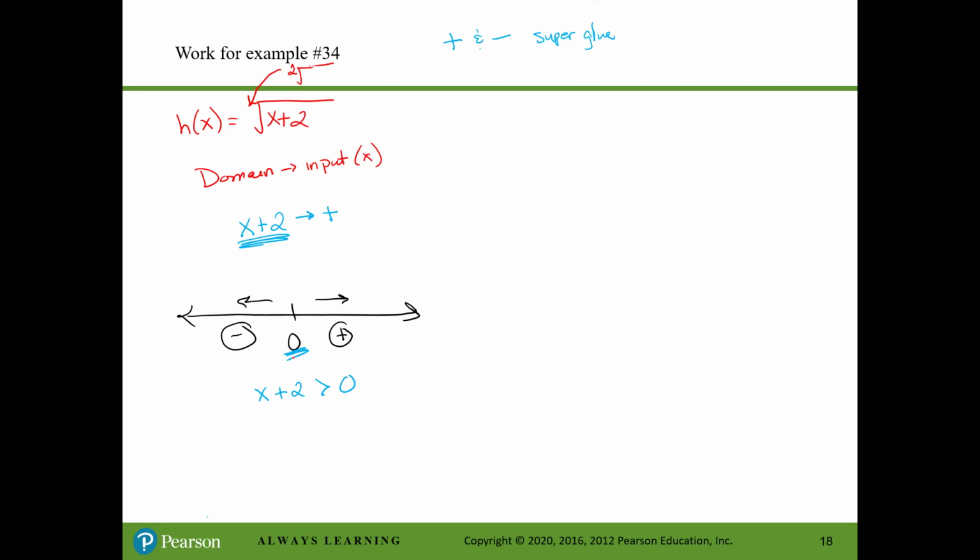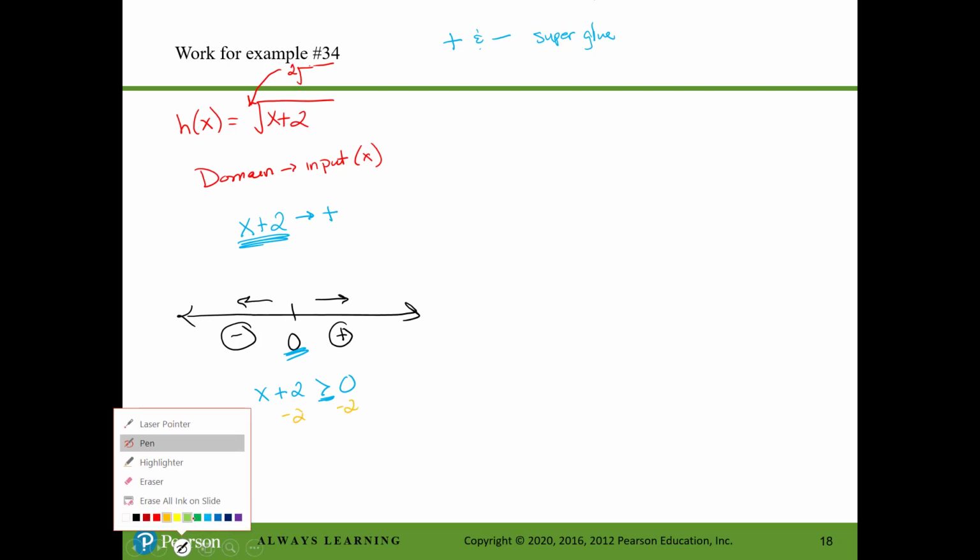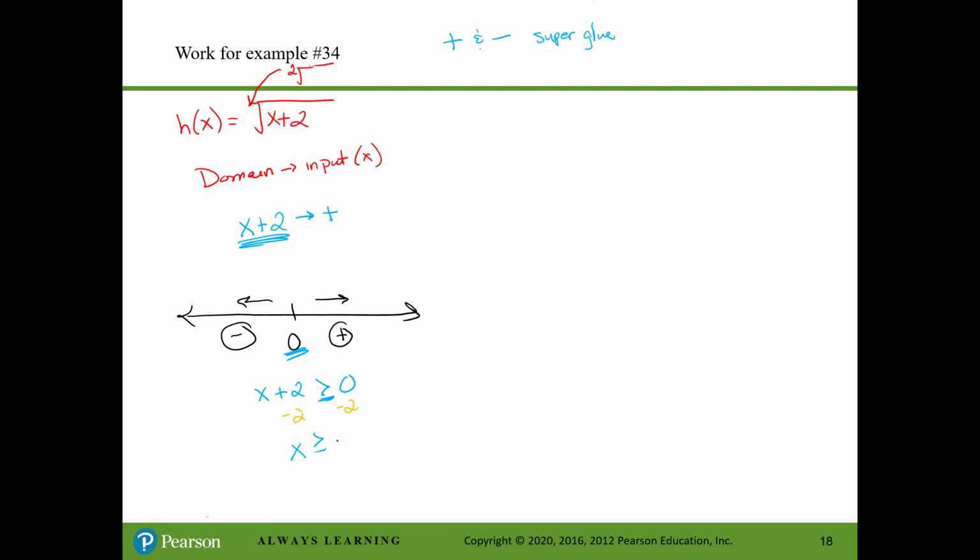Isn't 0 considered positive? Yeah, it is. It's considered positive. So it could be not just greater than 0, it could also be equal to 0, because 0 is also considered a positive number. And again, those of you who need to put these little steps in because you're visual, please put them in. And when you finish solving, you end up with x is greater than or equal to negative 2.